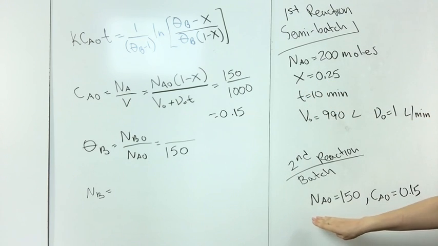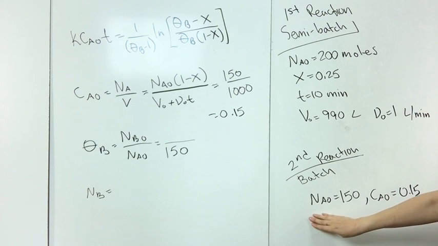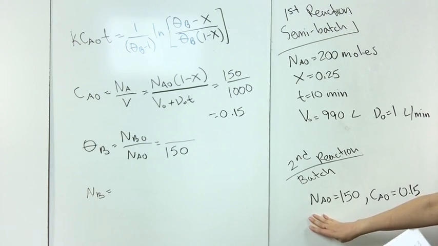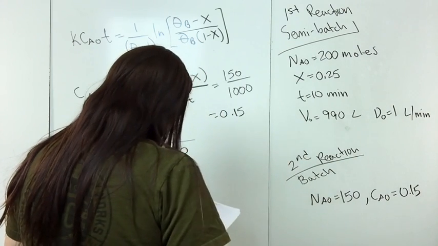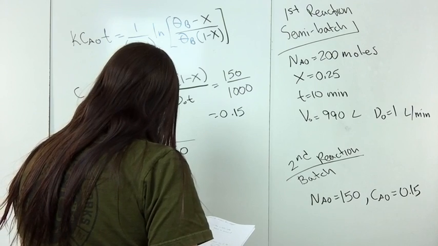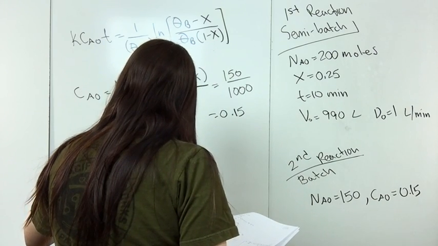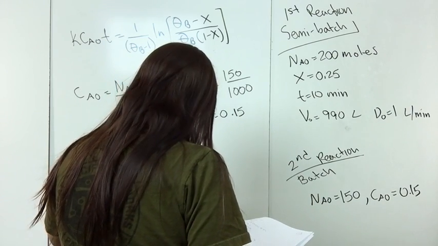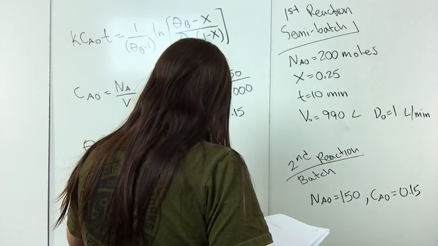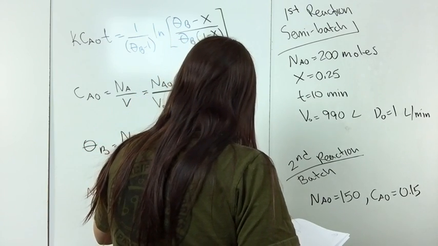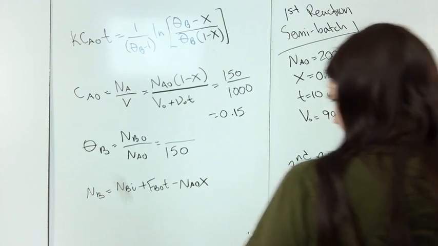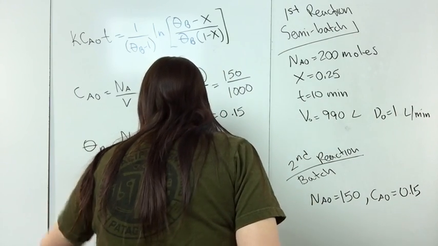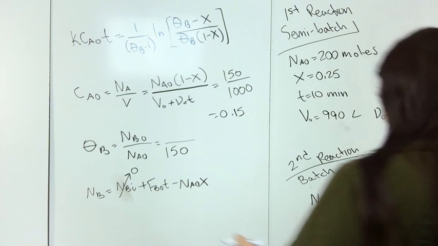And so then you can figure out what amount of B you start with in the second reaction, and that will be Nb naught. So we calculated this equation where you had the Nb initial plus Fb naught T minus Na naught X, and we already knew that the initial was 0. So Nb is just equal to this.